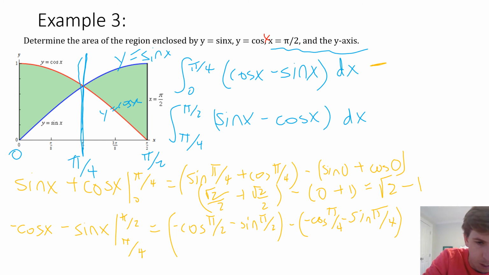We know cosine of pi over 2 is 0. Sine of pi over 2 is 1, so it's 0 minus 1 minus, well, cosine of pi over 4 is root 2 over 2 minus sine of pi over 4, so minus root 2 over 2.